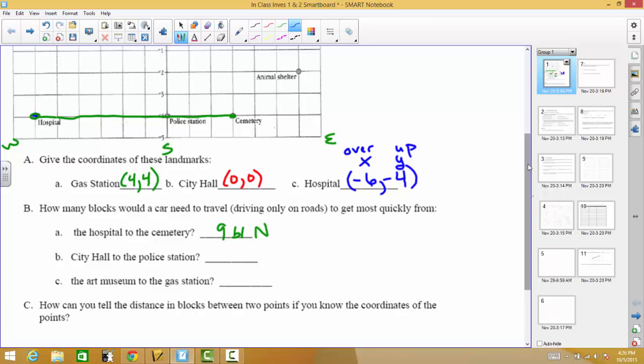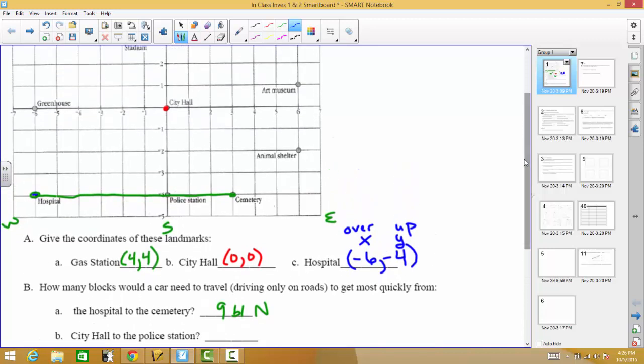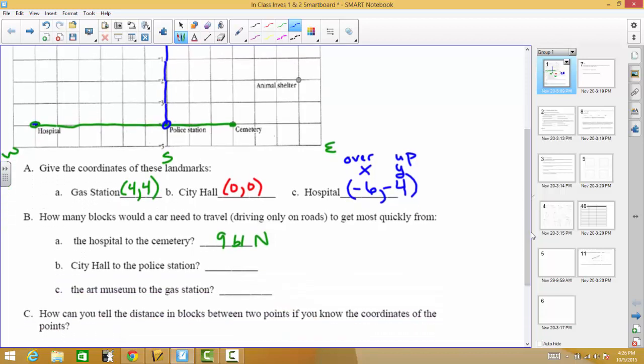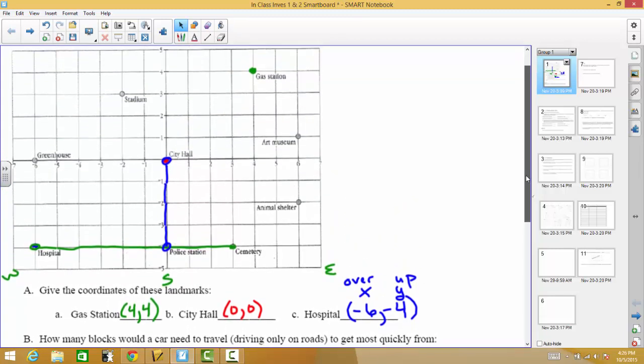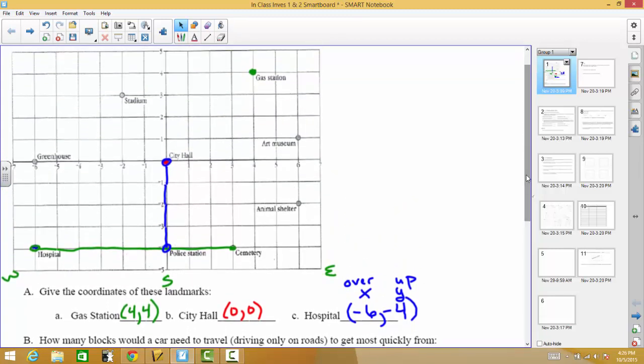City Hall to the police station. So this is another straight shot. Here's City Hall, here's the police station, again counting spaces. 1, 2, 3, 4 blocks south because you're going straight down. So 4 blocks south. And then the art museum to the gas station. Now, there's more than one way to get there, but the answer is actually the same.